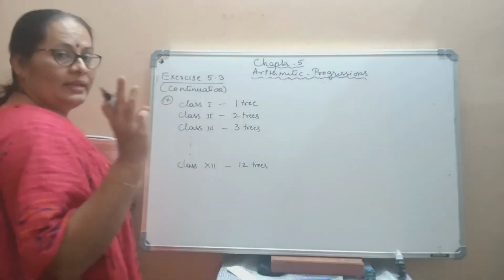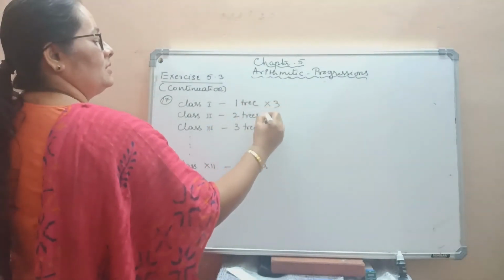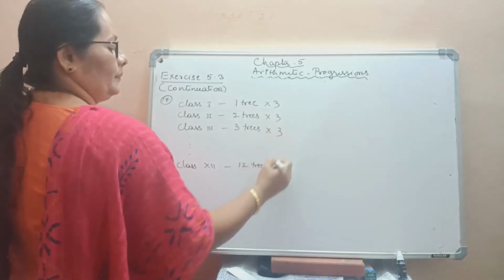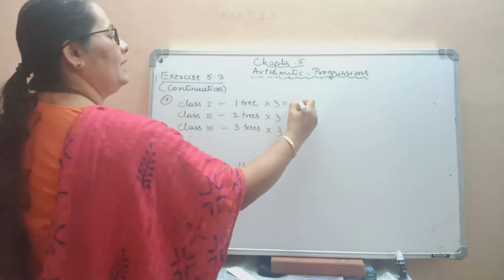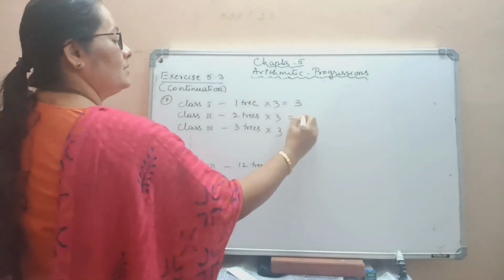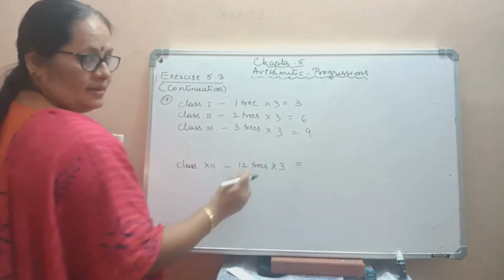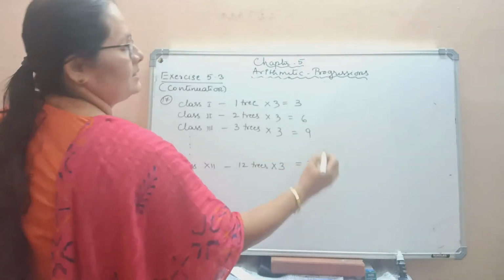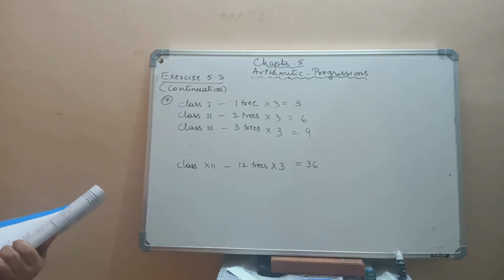There are 3 sections in each class. That means 3 sections in all the classes. See here, how many trees? Class 1, 3 trees. Class 2, 6. Class 3, 9. And 12th standard, how many? 36 trees they will plant. So there are 3 sections of each class.